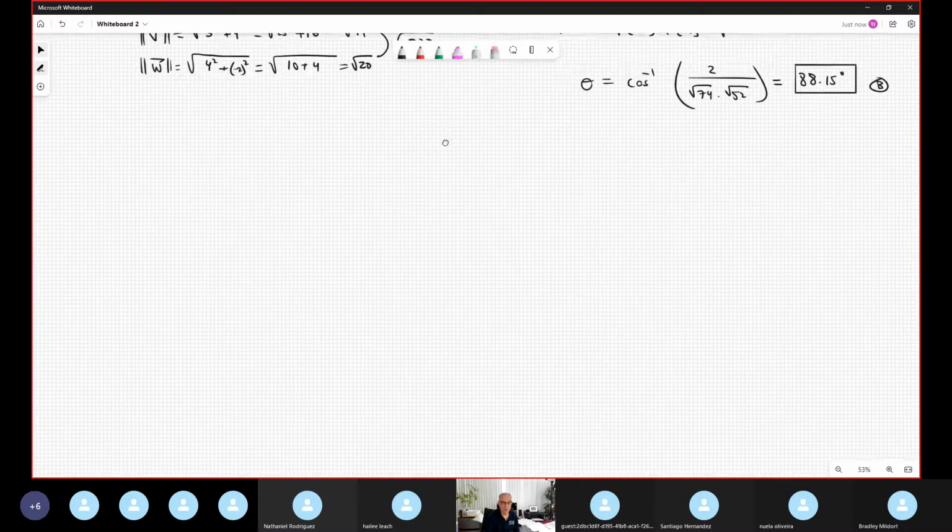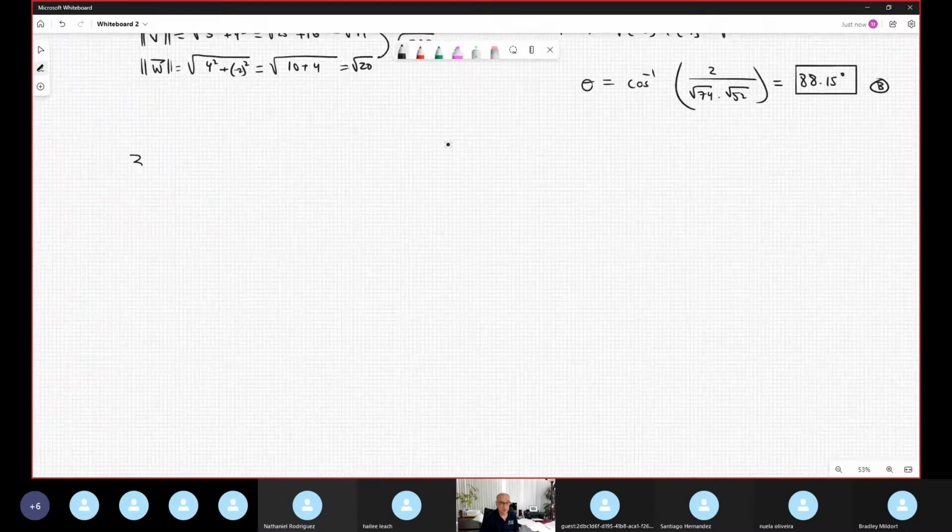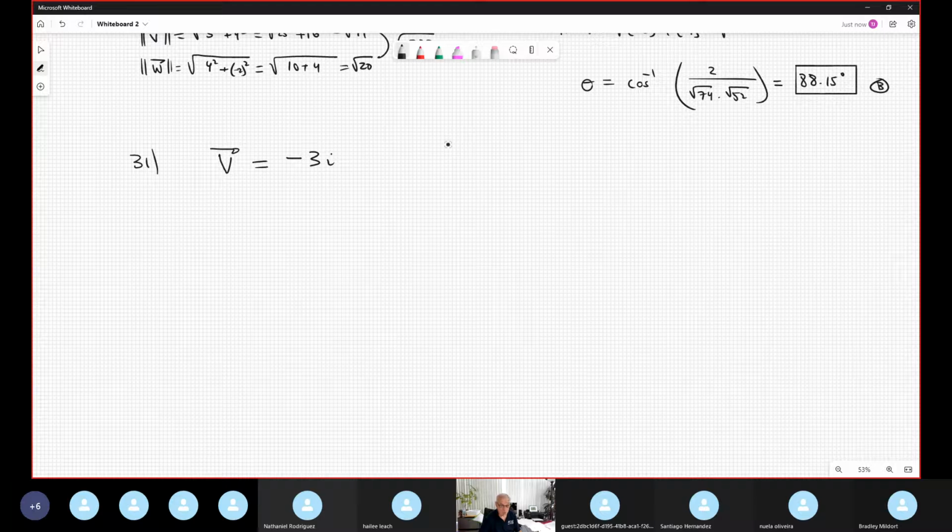But in this case, you apply a different strategy because it's too easy. For example, the vector B is 3i, and the vector W is j. Professor, 31 says V is a positive 3i. Yes, it is positive. I copied wrong, but it's okay. The answer doesn't change.